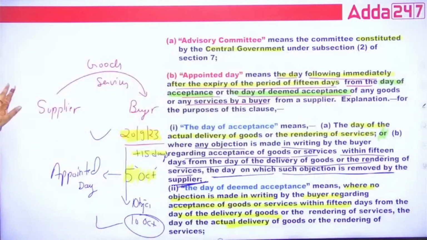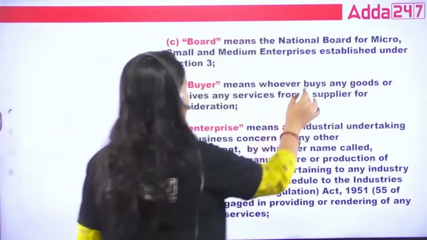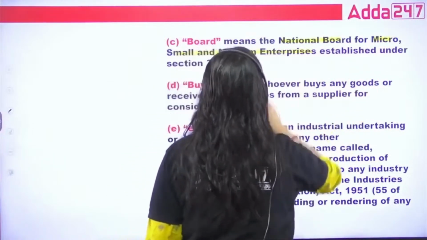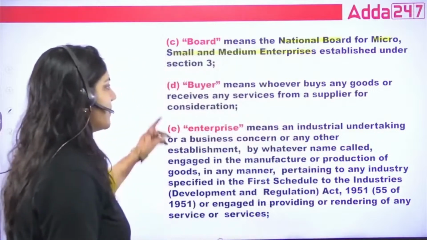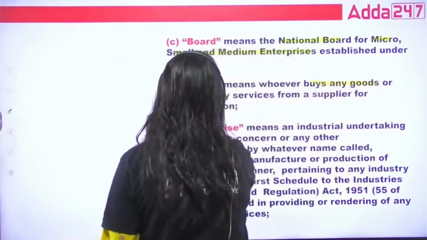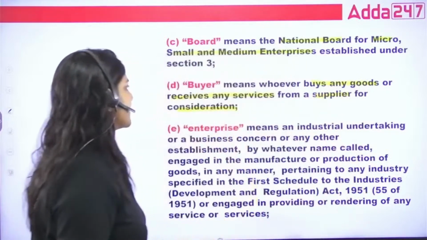Now, what is board? Board is the National Board for Micro, Small and Medium Enterprises. Buyer is whoever buys any goods or receives any services from the supplier for consideration.